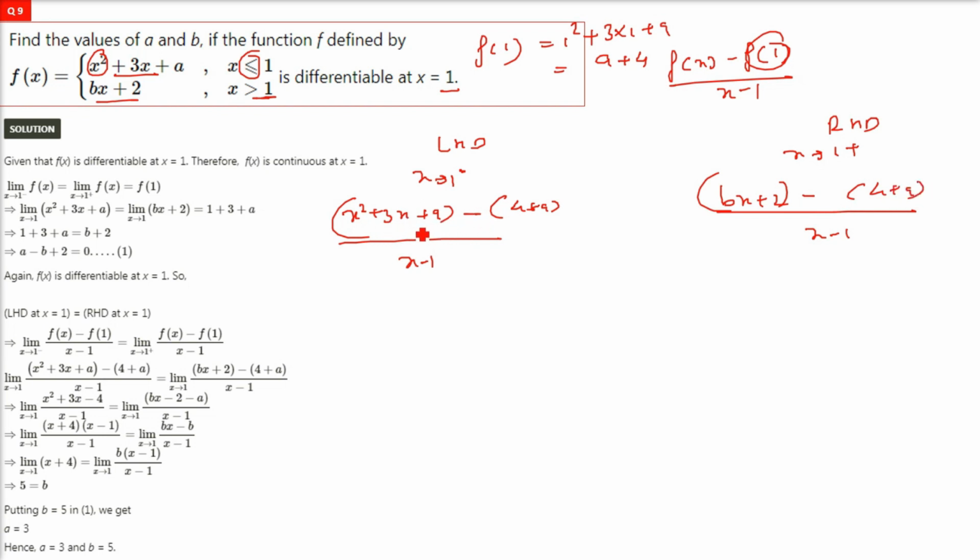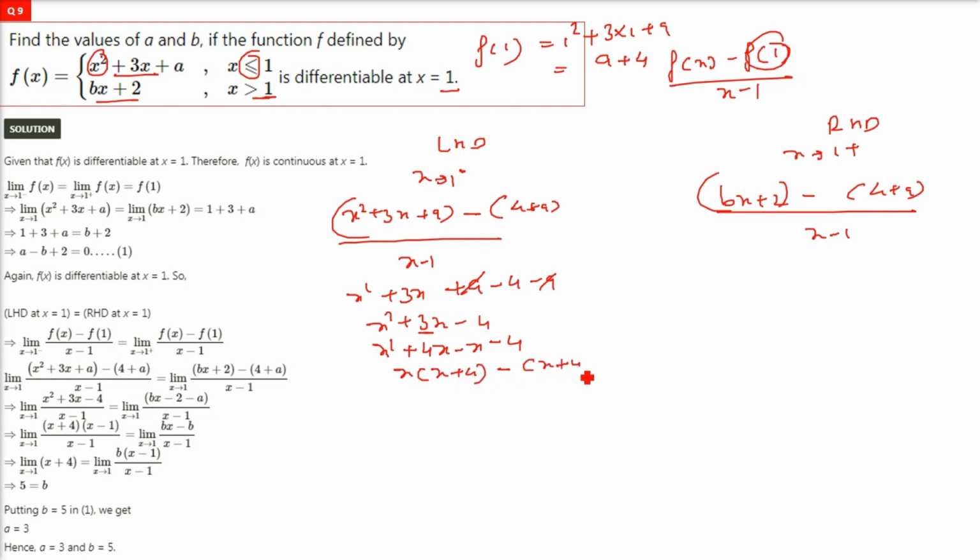So let us solve the numerator first. X square plus 3x plus a minus 4 minus a. Now here this a gets cancelled. X square plus 3x minus 4. So we can get the factors here. You can write x square plus 4x minus x minus 4. X you can take common, x plus 4, minus 1 you can take common, x plus 4.